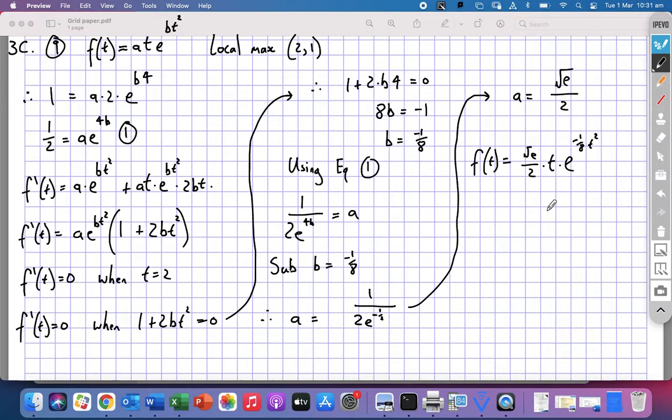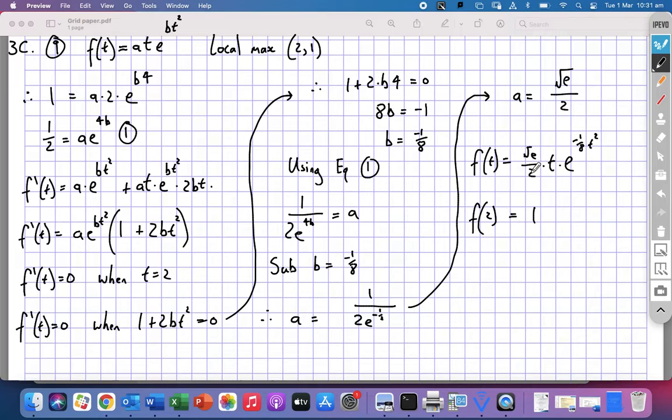So therefore, if I put in t equals 2 into this function, I should get the answer of 1. And we could do that and check.